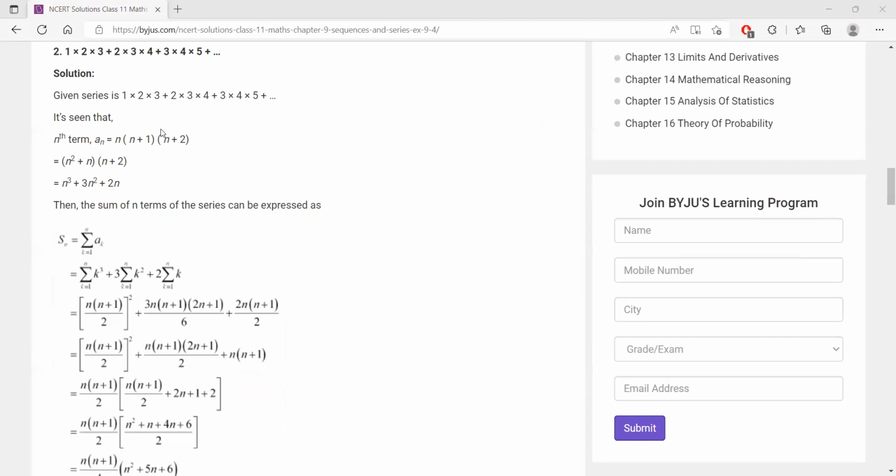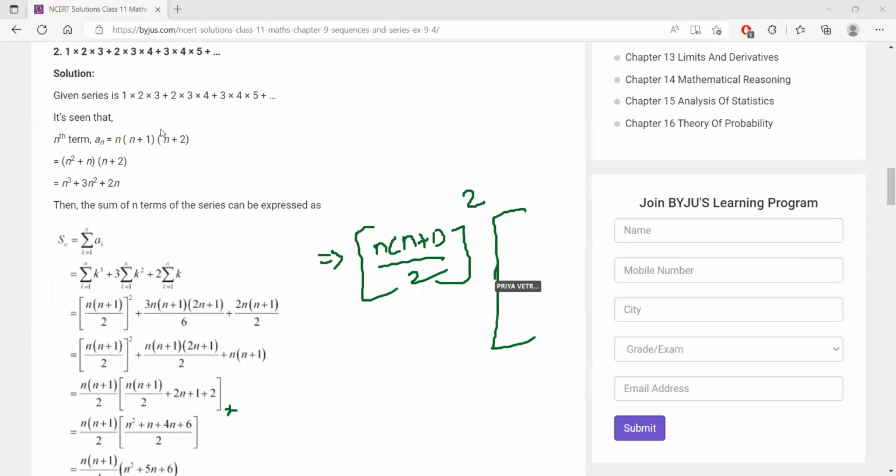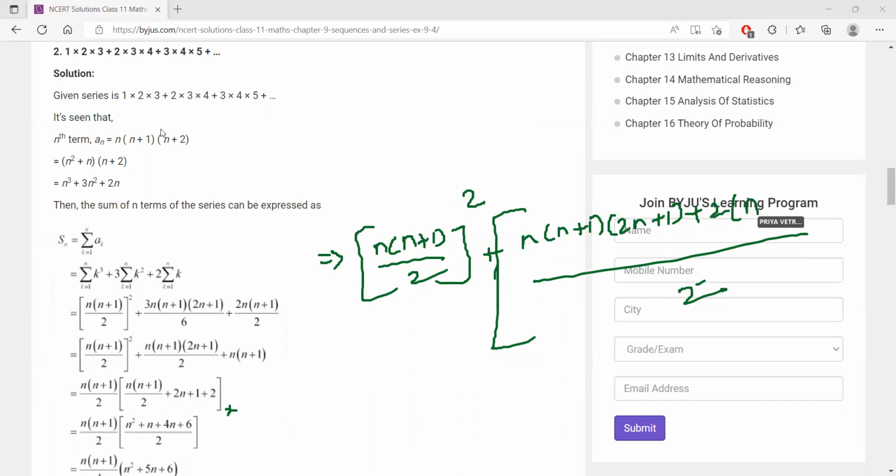I think this is wrong. You just have to keep this n into n plus 1 divided by 2 the whole square as it is. And have n into n plus 1 into 2n plus 1 whole divided by 2 when you take LCM, plus 2 times of n into n plus 1. So this is how it is.